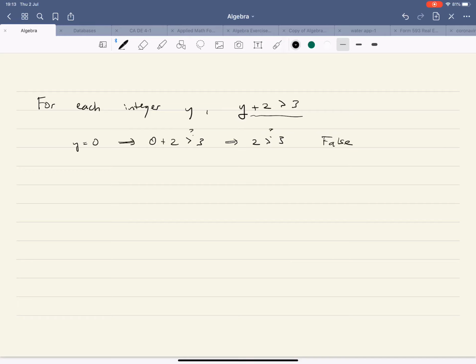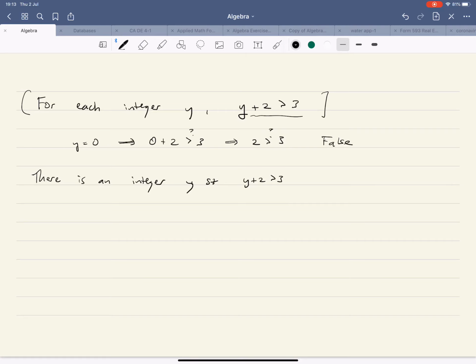That's false. Okay? So if we wanted to convert this original statement, for each integer y, y plus 2 greater than 3, into a statement that is true, we would say there is an integer y such that y plus 2 is greater than 3, right?